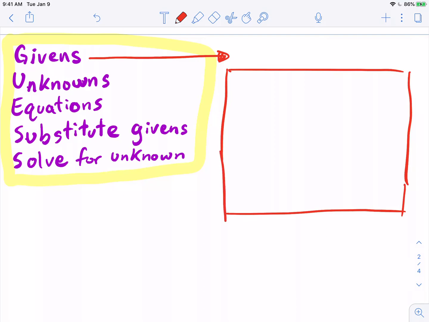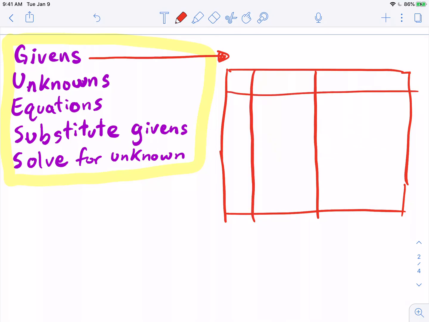I highly recommend it. I've been doing this for over a decade and a half, and I still make these givens tables. So here's what my givens table is going to look like. First thing I'm going to do is I'm going to put a big old G in the top corner, because that's for my givens.